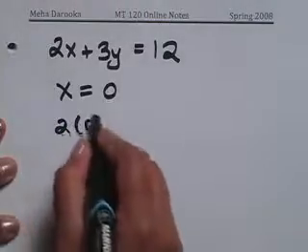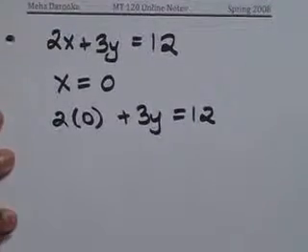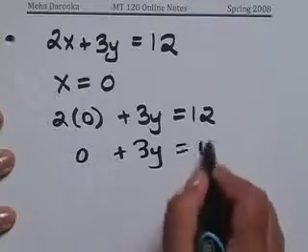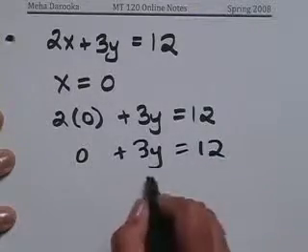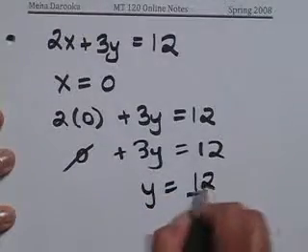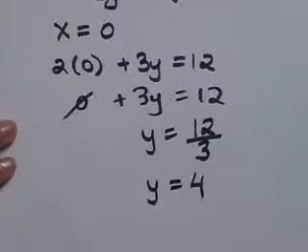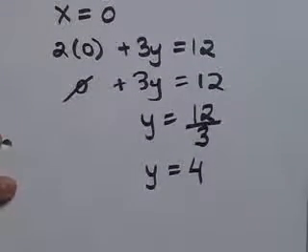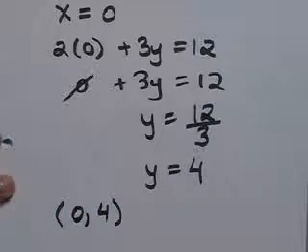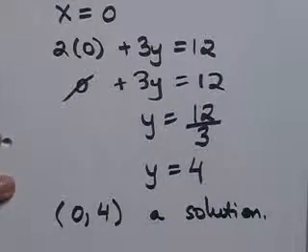I'll plug that into my equation and solve for y. That gives me 0 plus 3y equals 12, or 3y equals 12, because of course 0 is 0. You can calculate your value for y, and you will see that y equals 4, and that gives us a new ordered pair 0, 4, which is also a solution to our given equation.